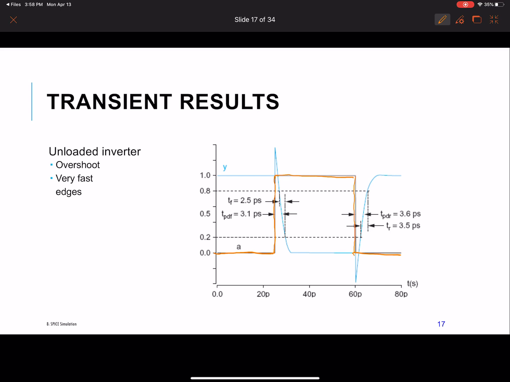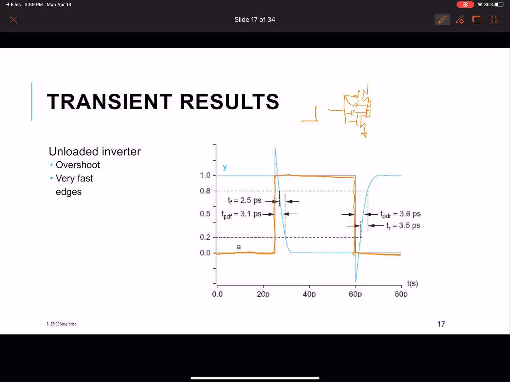So what happens is if you have an N or a P, you actually have drain source capacitance, and at the drain of the N or the drain of the P there's a drain gate capacitance, a feedback capacitance.